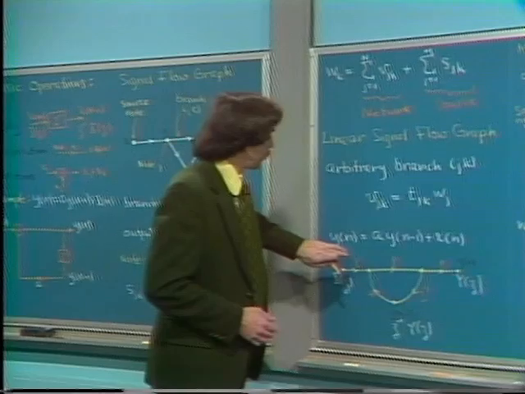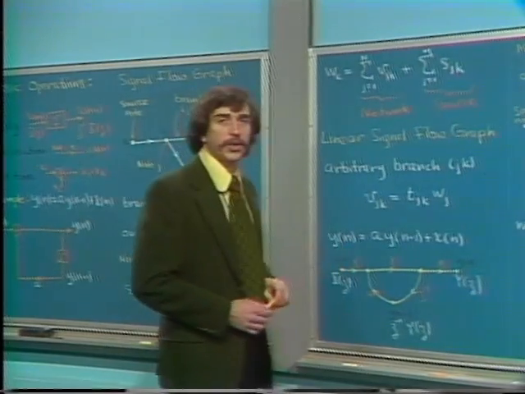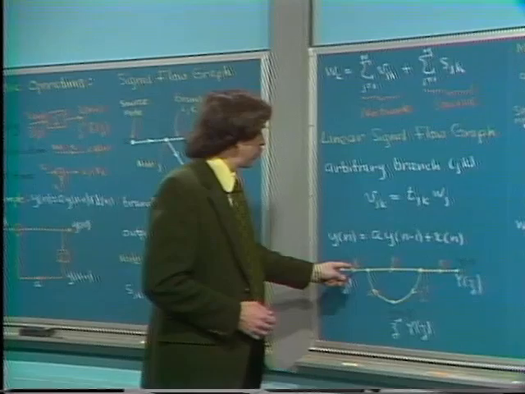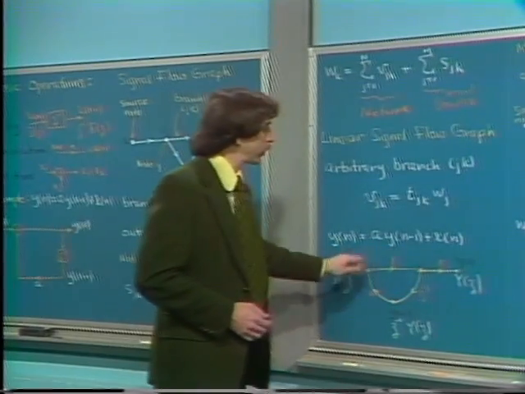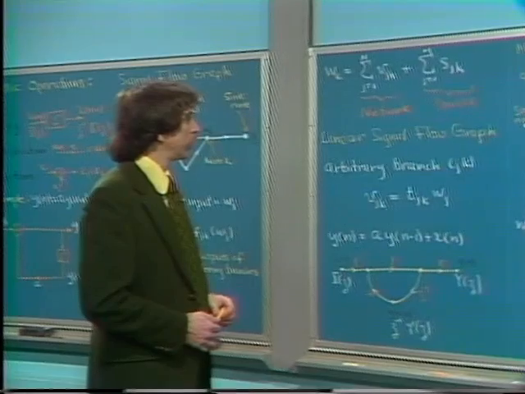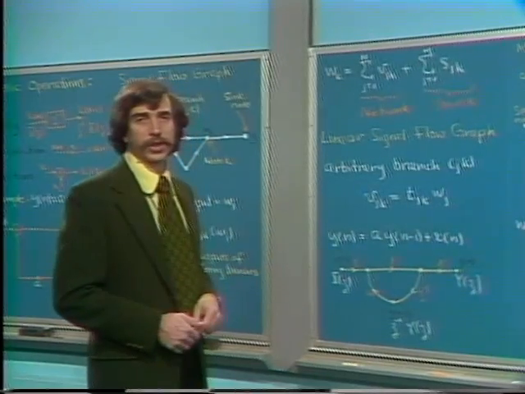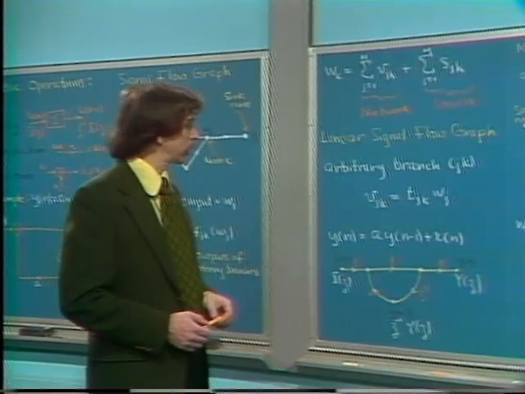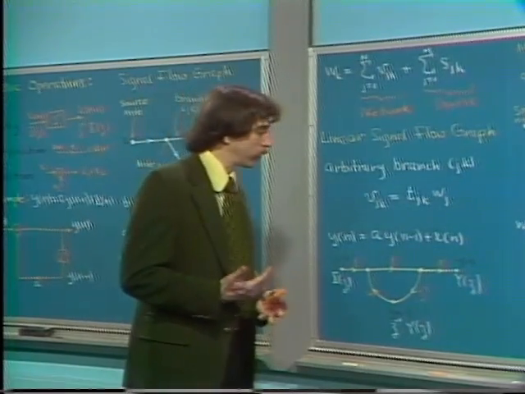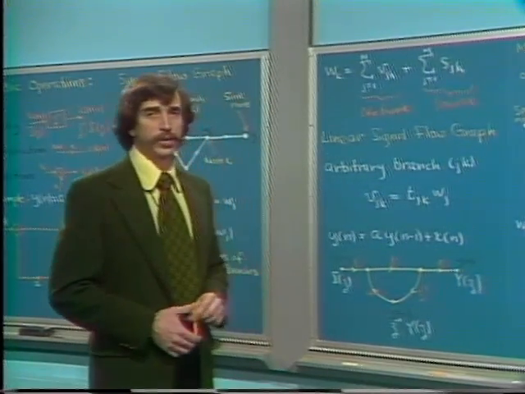Consequently, what I'd like to spend the remainder of the lecture on is focusing on the equivalent linear set of equations that the signal flow graph corresponds to. In other words, the matrix representation of a digital network. And the matrix representation is important from a number of points of view.